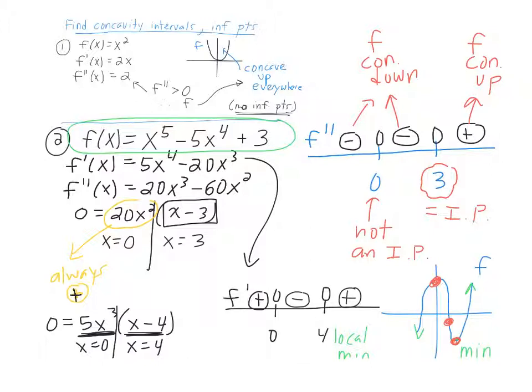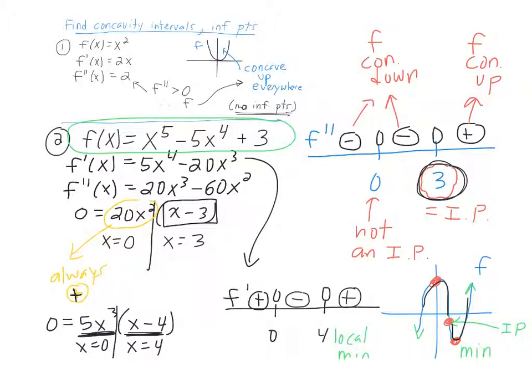This point right there is our inflection point, because that is where the concavity is changing. You can see how it's going from being bent downward to bent upward. So the concavity is changing at x equals 3. That's this point up here, when x equals 3.